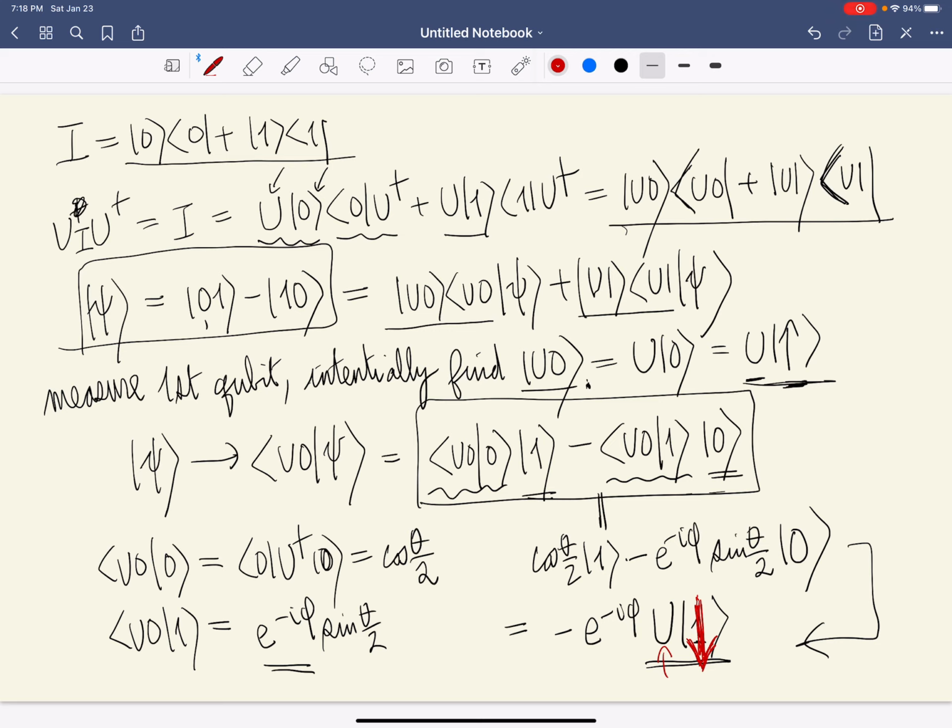Okay, so that means by controlling the nature of this u, we can force the second qubit or the second spin to be in whatever state we want, because this state can be anywhere on my Bloch sphere.